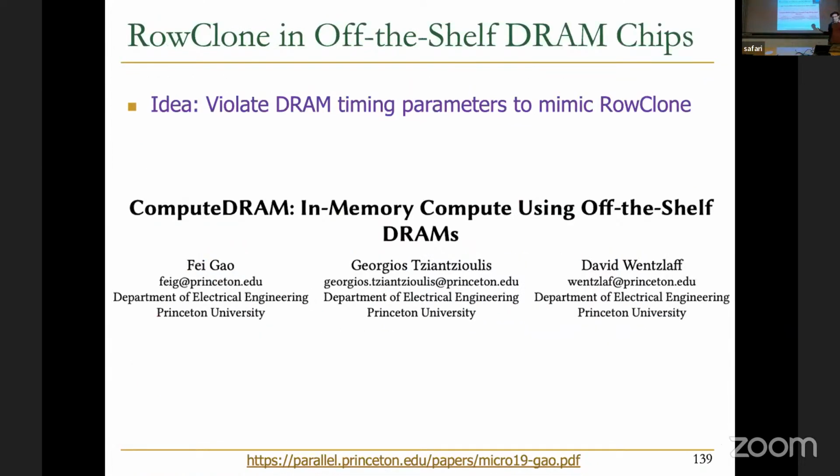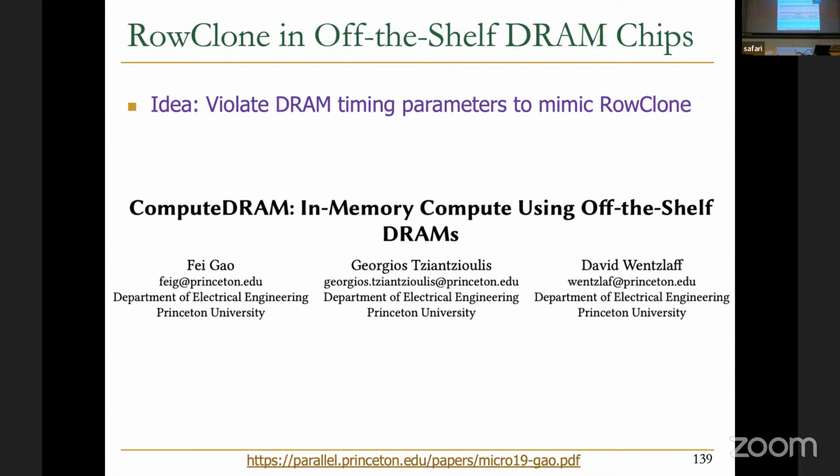And what is interesting is that even though existing or current DRAM chips are not designed to support this operation, there are people who have tried to support it by using experimental memory controllers, like the SoftMC memory controller from our group.